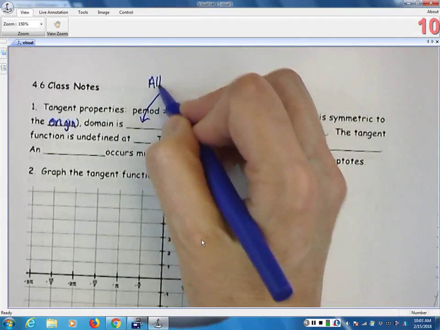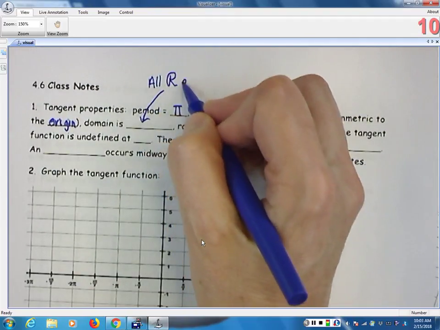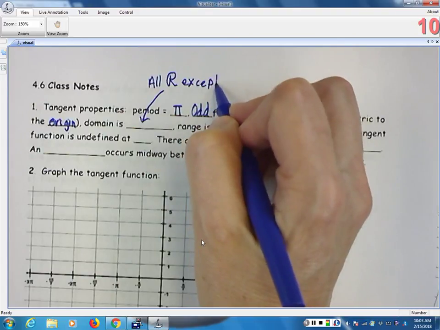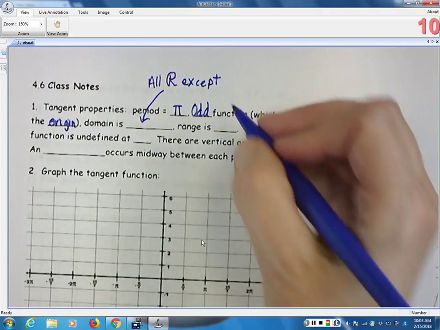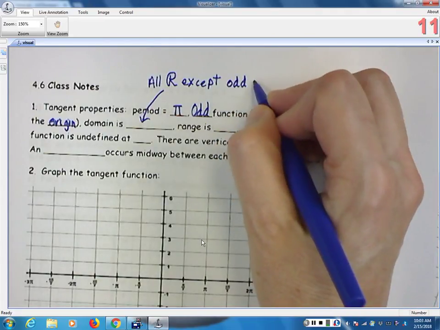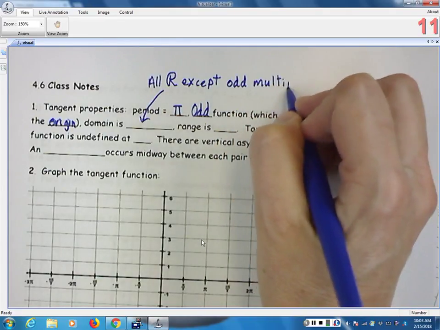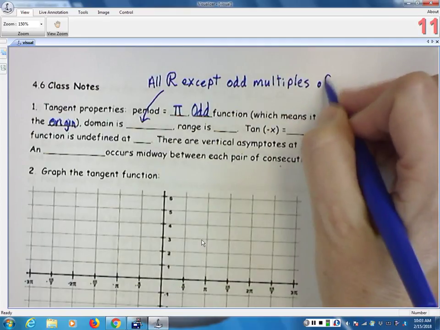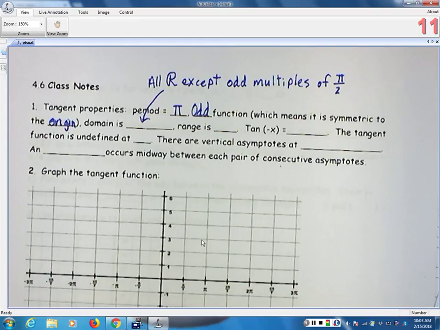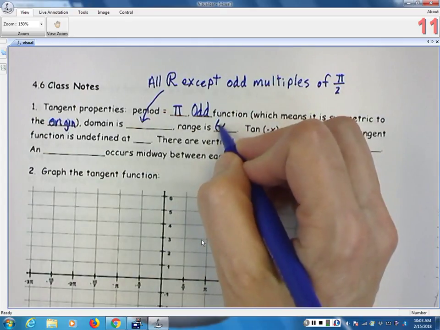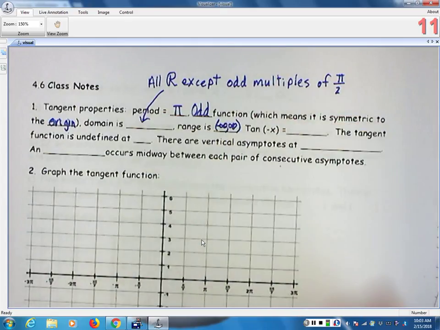In this class we don't have to use interval notation so much, so we're going to say odd multiples of pi over 2. Its range is minus infinity to infinity, or you could say all real numbers.